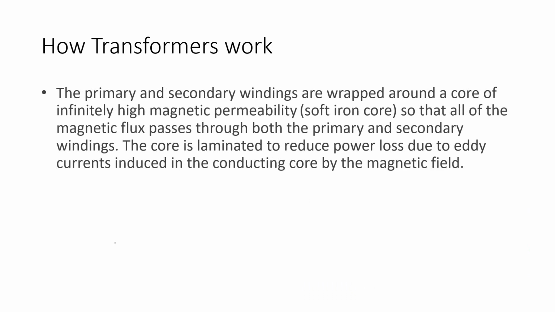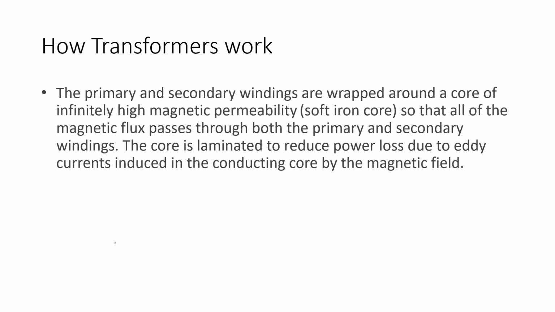Now it says that the primary and the secondary windings are wrapped around a core of infinitely high magnetic permeability. In brackets, we see here soft iron core, so that all of the magnetic flux passes through both the primary and the secondary winding.